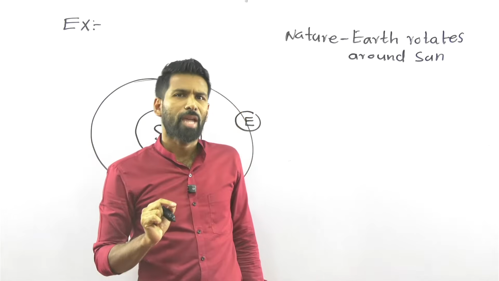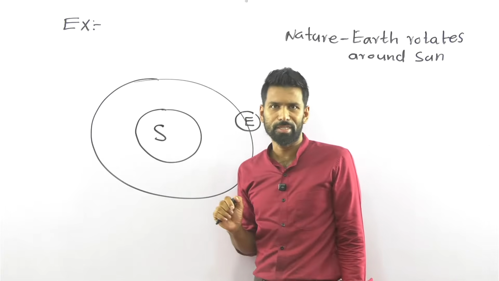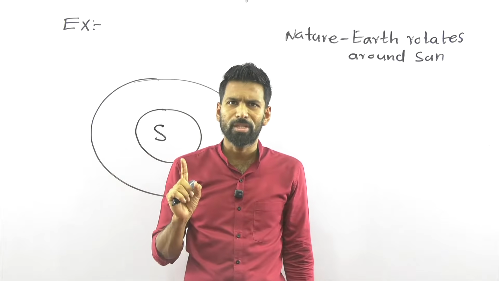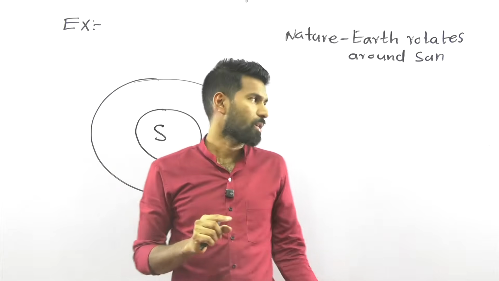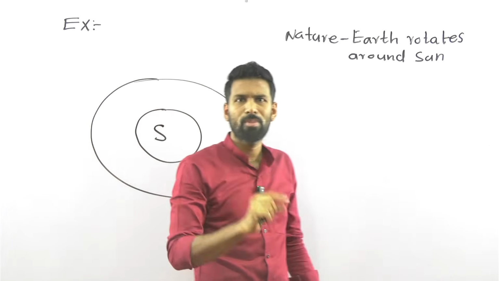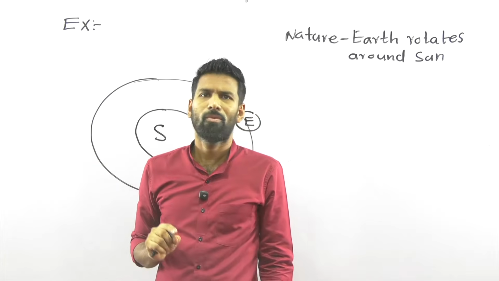So can you remember the scientist who explained this? There were many, but can you remember the chief person among them? There were many people trying to explain this rotational motion of Earth around the Sun. Meantime, can you remember the most respected one, Newton? What he said?